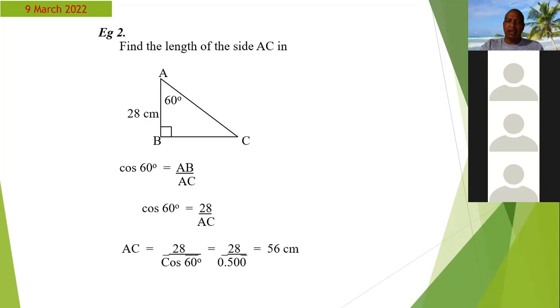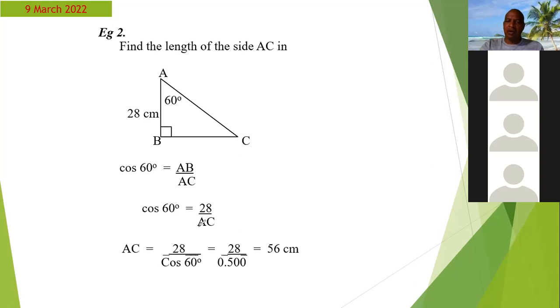Now to make AC the subject, we bring it to the left-hand side and multiply, and then we bring down the cos 60 on the right-hand side and multiply. If you're paying close attention, you see that can be done in one step.